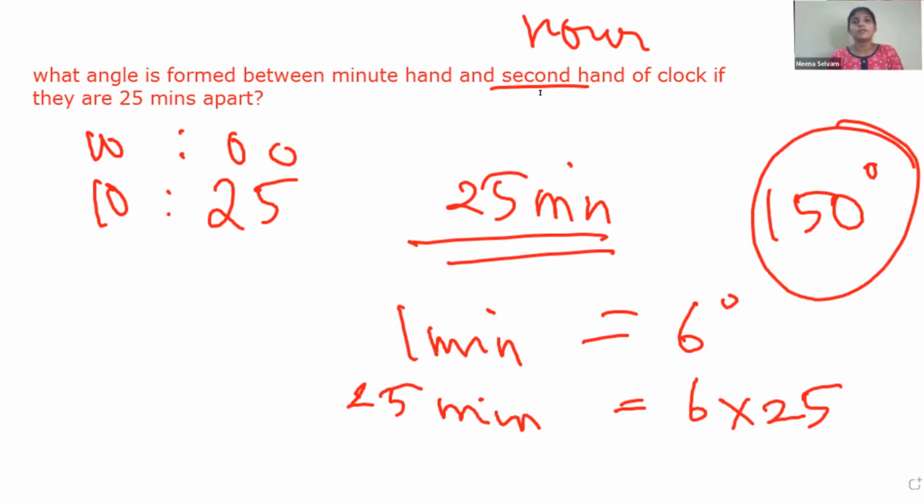Very simple sums only they'll ask, just the angle calculation. We know it for 1 minute, so for 45 minutes or 90 minutes, anything, we can easily multiply it with 6 degree and tell the answer. Is the first question clear to you? Yes, ma'am. Make a note of it if you want.